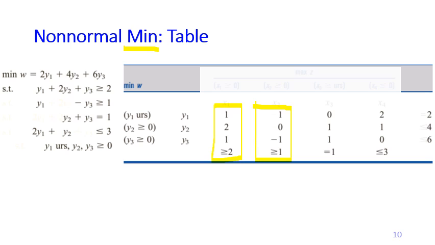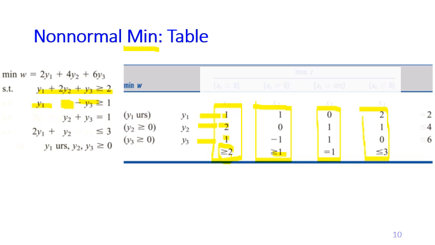So the first constraint, 1y1 plus 2y2 plus 1 times y3, you write it down like this: 1 times y1, 2 times y2, 1 times y3 greater than or equals to 0. The second column is 1, 0, minus 1, because 1 y1, 0 y2, minus 1 y3 greater than or equals to 1. You have 4 constraints, so you have 4 columns here.